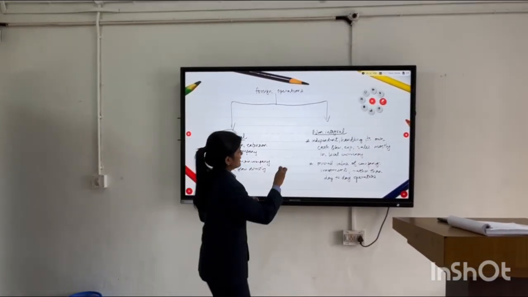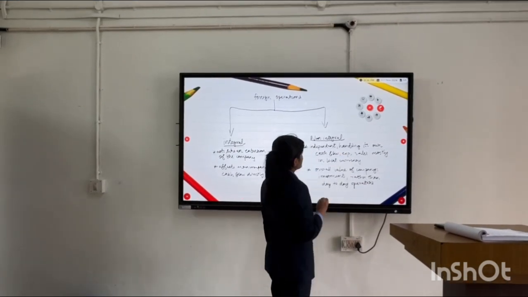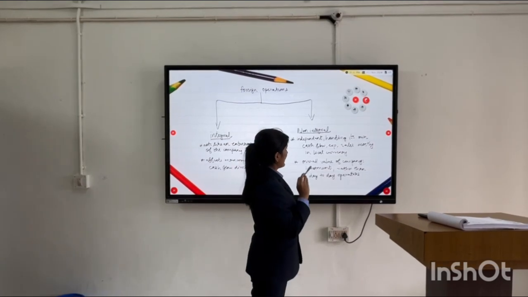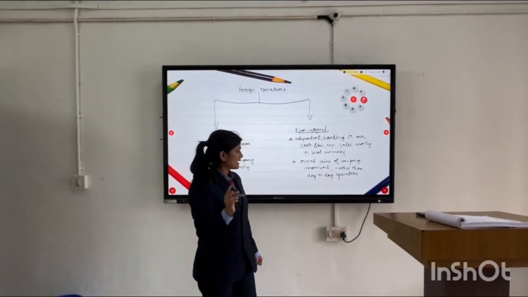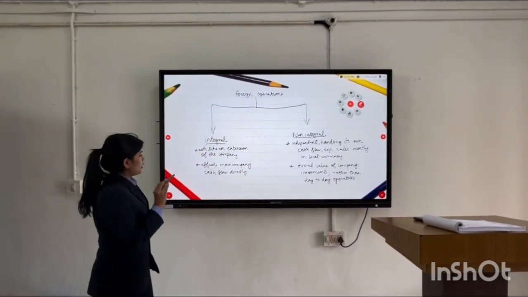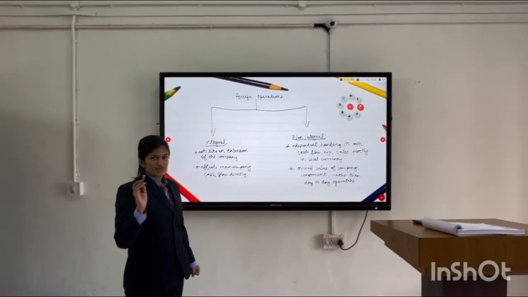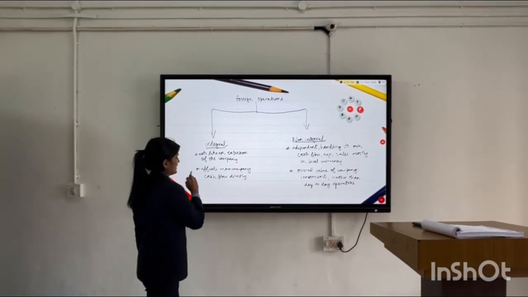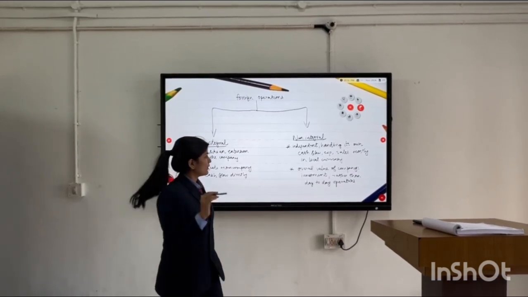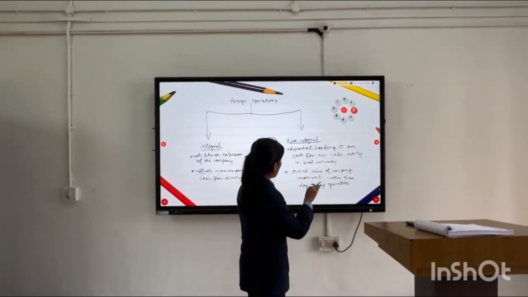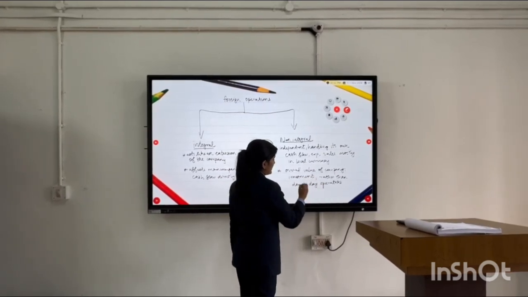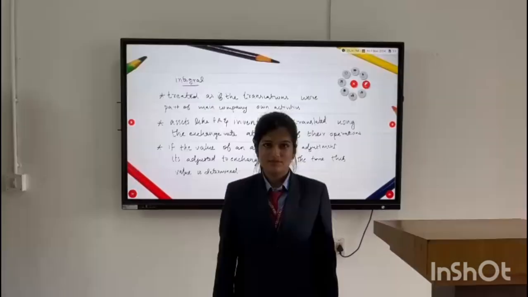And non-integral foreign operations are the operations which are independent, handling their own cash flow, expenses, sales, mostly in the local currency. In integral operations, the exchange rate affects the main company's cash flow statement directly, whereas the non-integral foreign operation affects the overall value of the company's investment rather than the day-to-day operations.